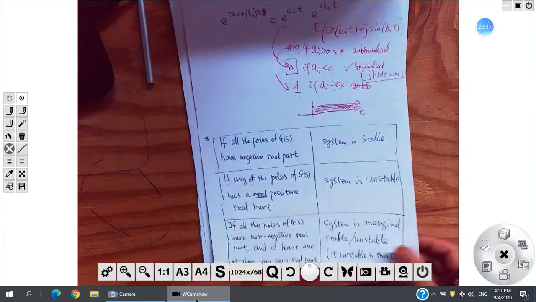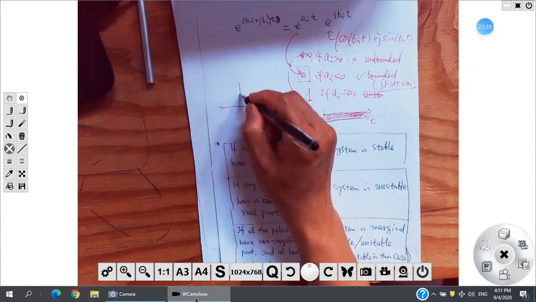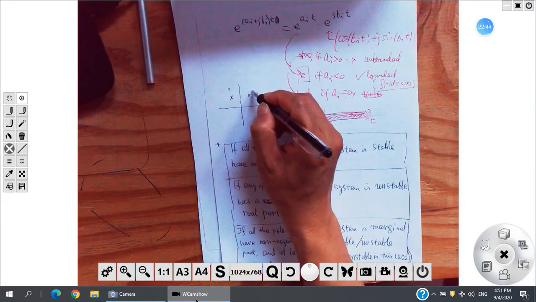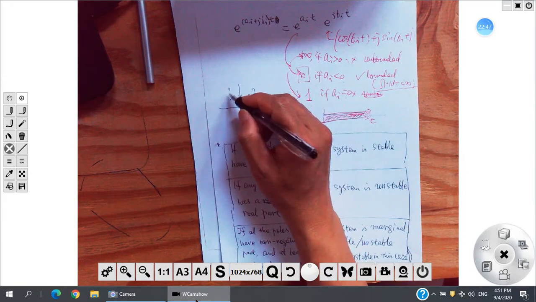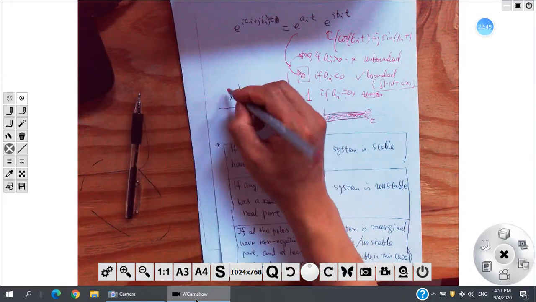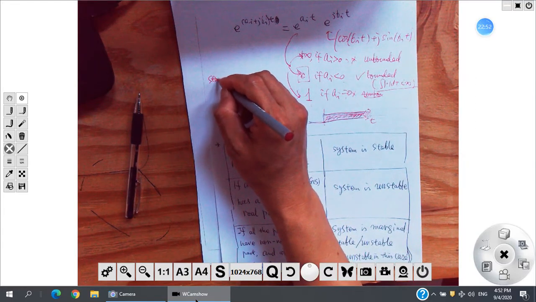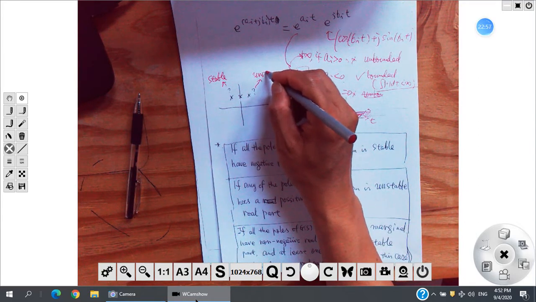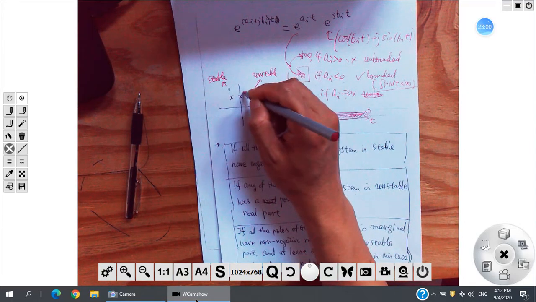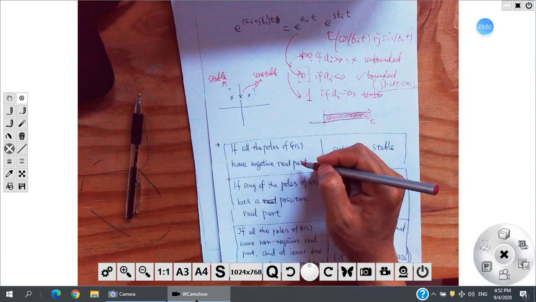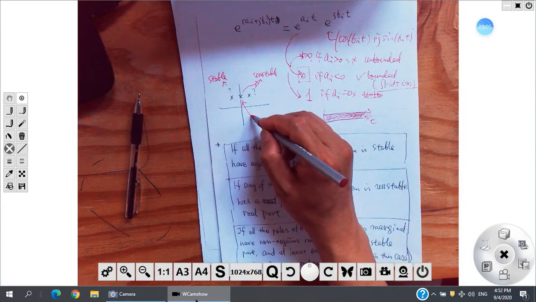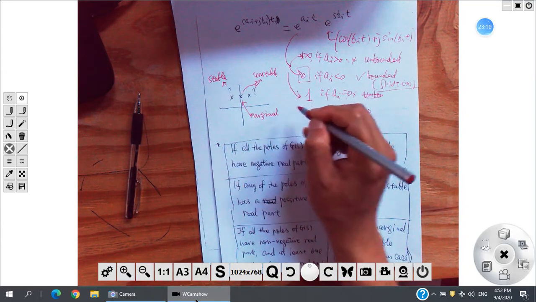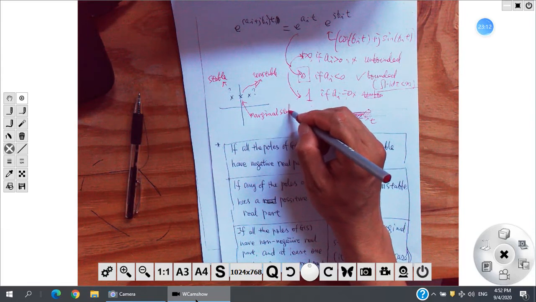You can check the location of the poles here, or here. In this region you get stable. If you have some poles here, it's unstable. And here, both cases are unstable. But for this one, we have another name, marginally stable, unstable.